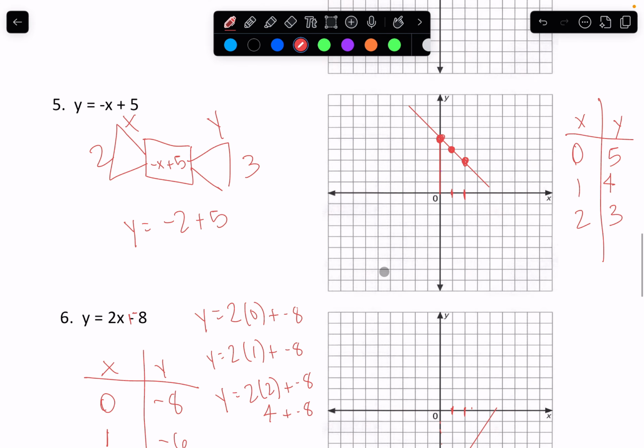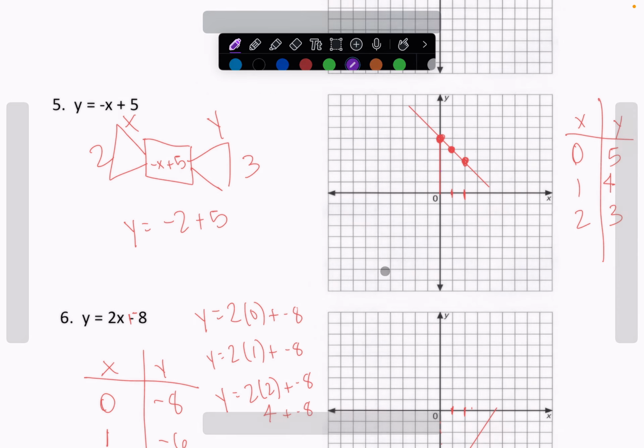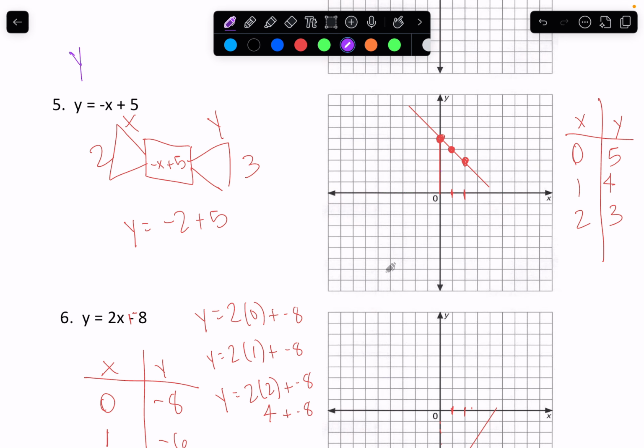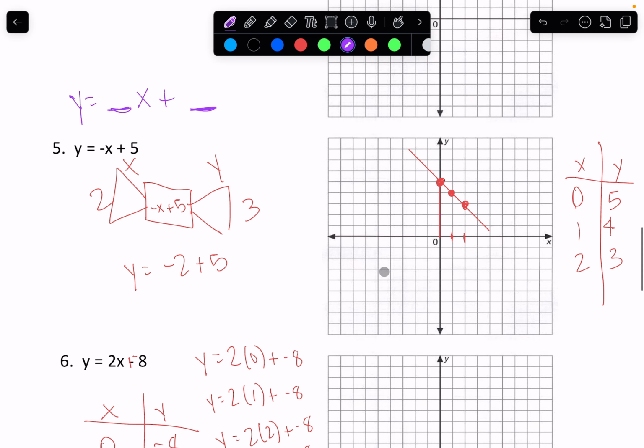I want to show you why this setup, y equals something x plus something, is called our slope intercept format.